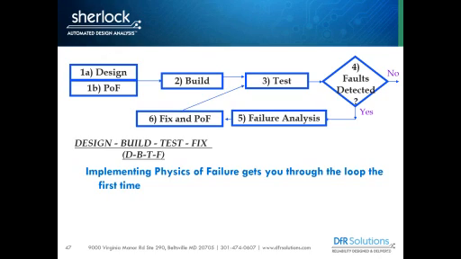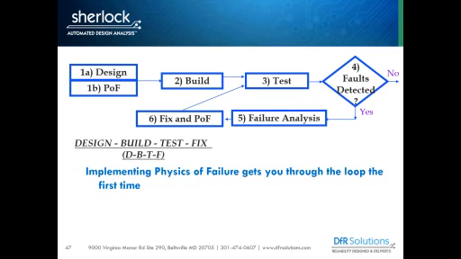I want to go through this loop once. I don't want to have to go through to fix anything. I want to go right through to "fault detected: no," and have a robust product. And it's been demonstrated that physics of failure works. We have some test cases or ROI studies showing that physics of failure gets us through this loop.